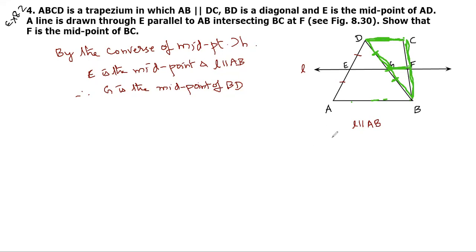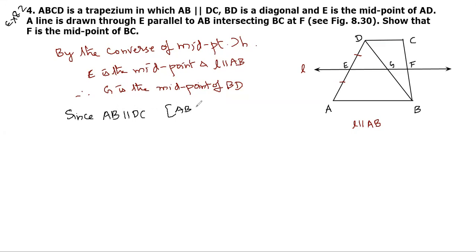Okay. Understood? So in this triangle, before we consider the triangle, we can also write: since AB is parallel to DC, because ABCD is a trapezium.